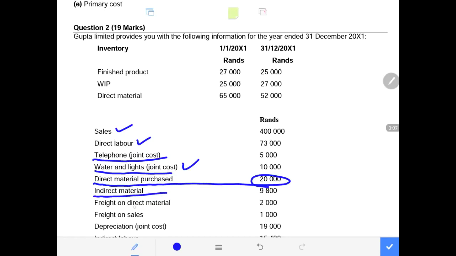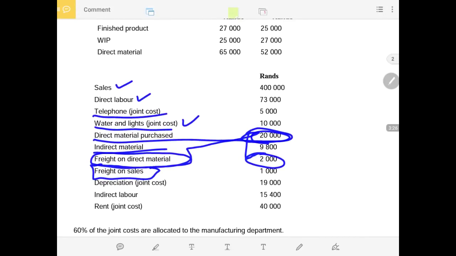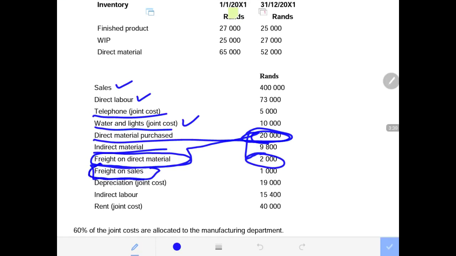We have indirect material, and we have freight on direct purchases, meaning when we bought this direct material worth 20,000, there was 2,000 incurred in transportation cost. Then we have freight on sales. Remember, freight on sales is the delivery cost that we incur when we sell the product to the customer. So this freight on sales has nothing to do with the production cost or the manufacturing cost.